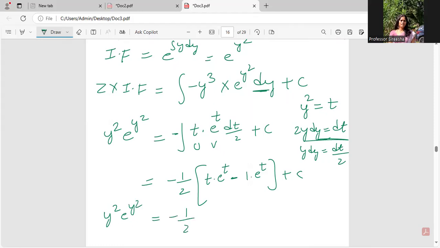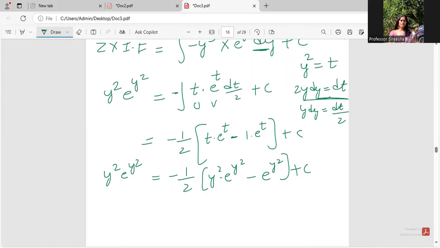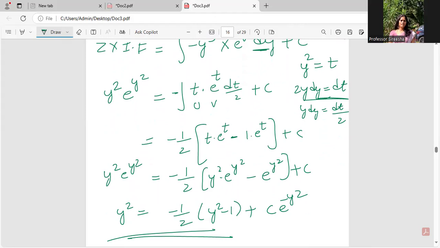Now I'll be replacing t as well. What is t? Y squared into e power y squared minus e power y squared. Of course, I can take e power y squared common, cancel out on both sides and all the things. Then 1 by x is equal to minus 1 by 2 into y square minus 1 plus c e power minus y square.